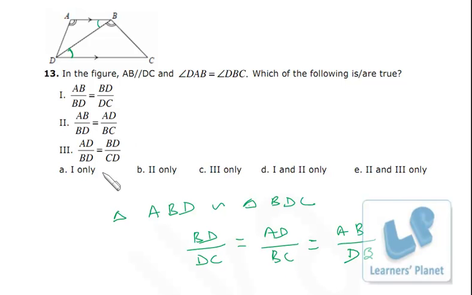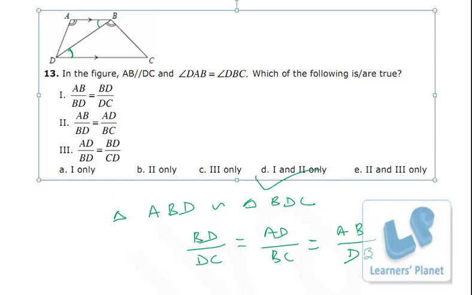And AD by BD is equal to BD by CD. In fact no need to check, we don't have any option that says 1, 2 and 3 all of them are correct. Since 1 and 2 already are correct, we can drop the third one. Our answer is this, right? So the concept of similar triangles we have used over here.